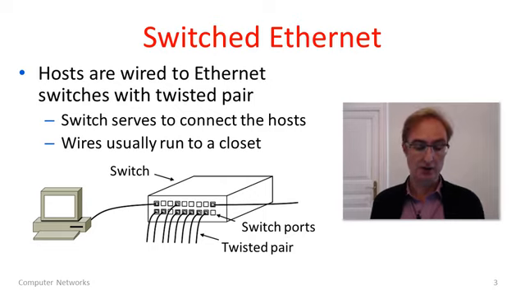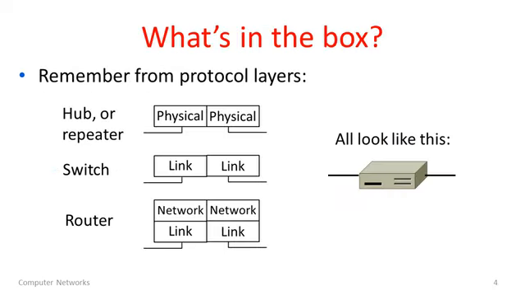Somehow this switch is going to provide connectivity between all of the hosts so that when they send frames, because we're still operating in the link layer, the frames will go from one host to the right other host. Typically the wiring is done so that the switch will be in some kind of central location and all of the wires in your building will be run to a wiring closet in a convenient location. So the big question for us is what's going on inside this box to provide all of the connectivity? That's a pretty interesting question.